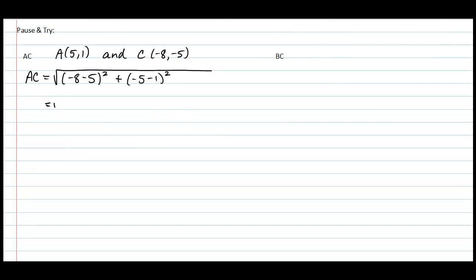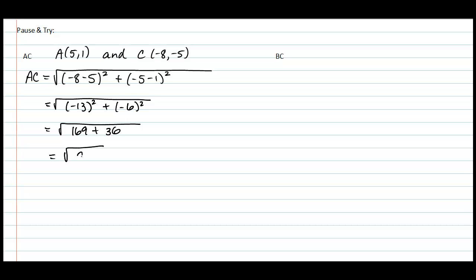That would give you the square root of -13 squared plus -6 squared. The square root of 169 plus 36 would give you a distance of the square root of 205.